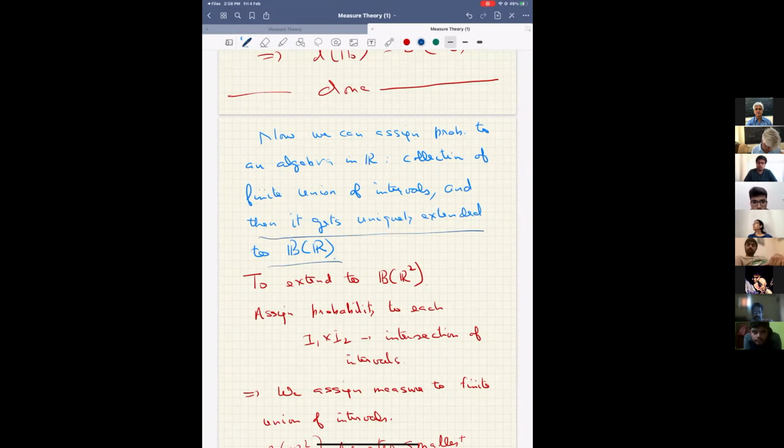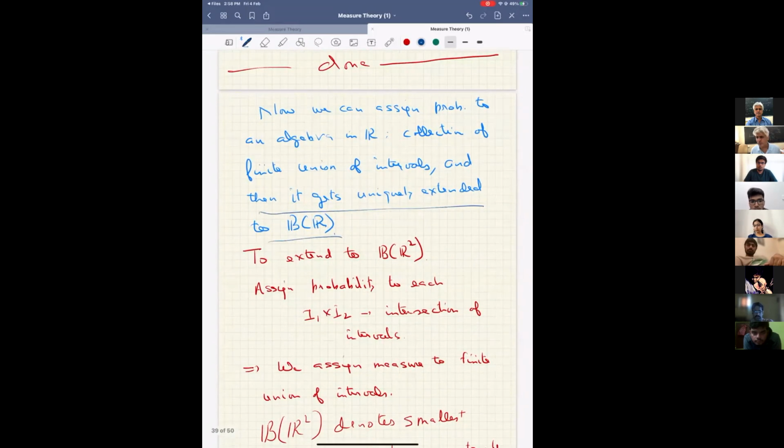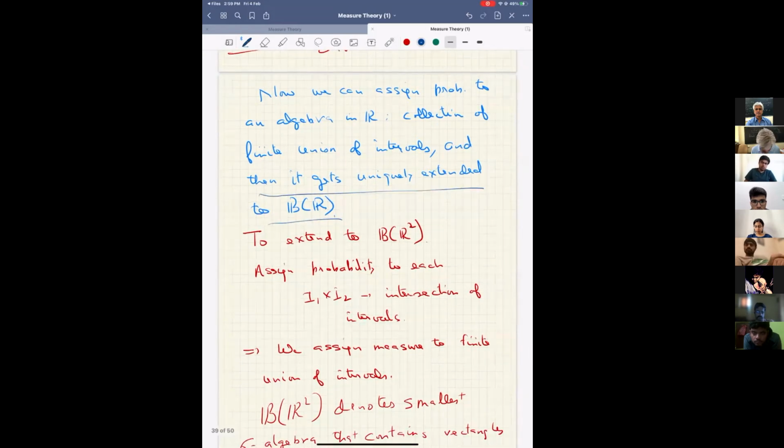Okay, now we want to extend it to B of R square. So at least conceptually, we know how to assign a measure to the Borel sigma algebra on the real line. How do we assign a measure on the Borel sigma algebra of R square now? Let's talk about that as well. We'll assign probability to each rectangle I1 cross I2, a product of intervals.